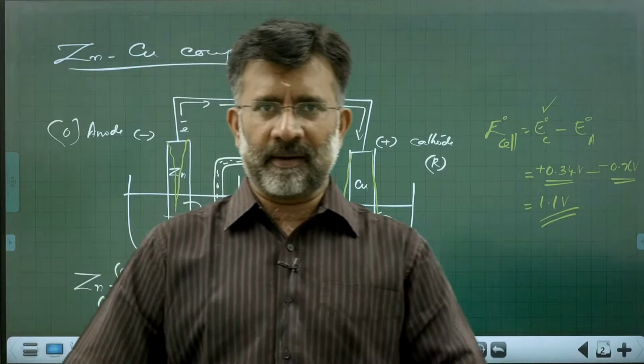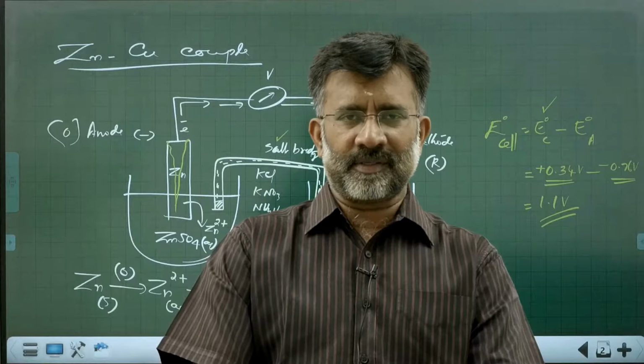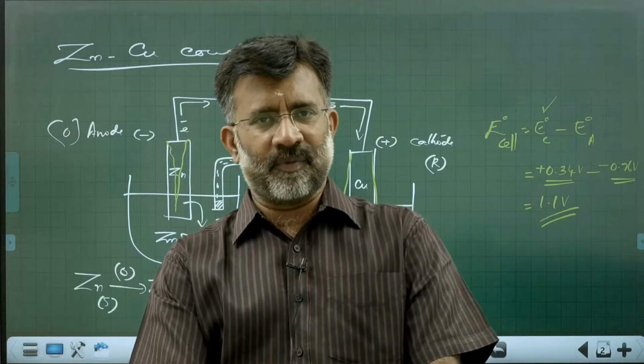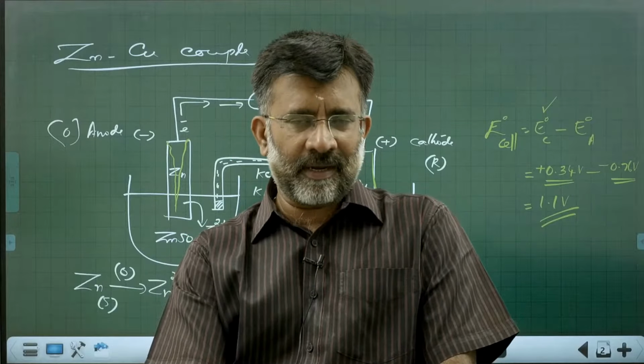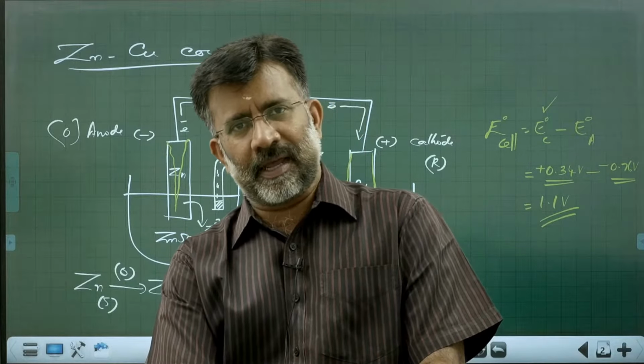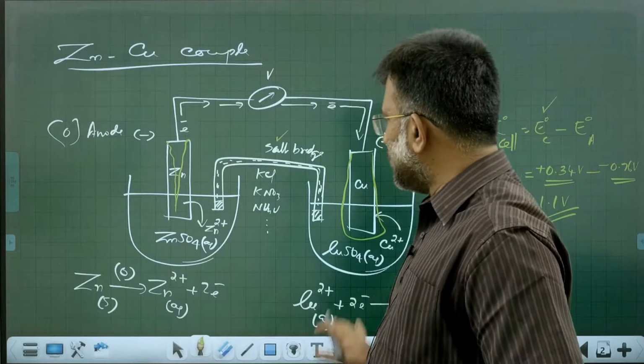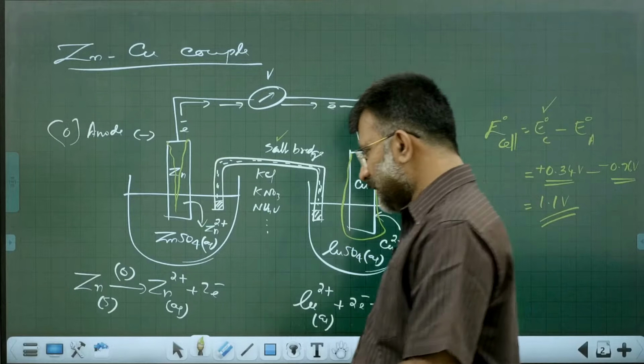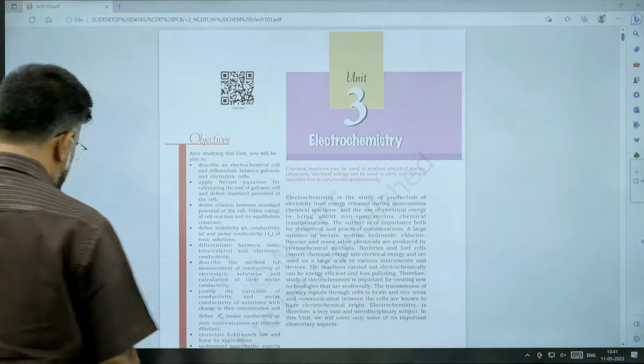That is the standard EMF of the cell that we are using. Hope you know, standard EMF means 1 molar concentration of electrolyte at a standard temperature of 298 Kelvin. That is called the standard condition, and the EMF at that point is the standard EMF. So the EMF of the cell is 1.1 volt. Now there is an experiment explained in the NCERT.